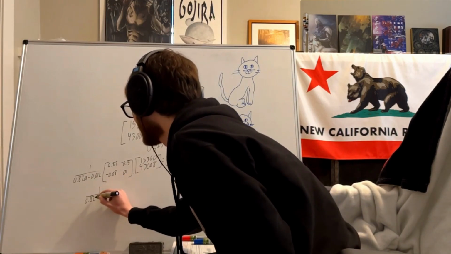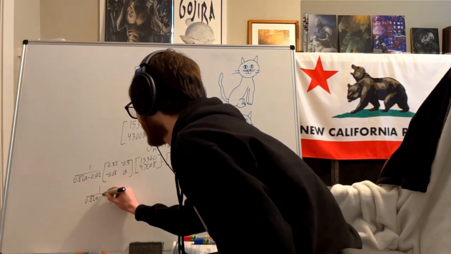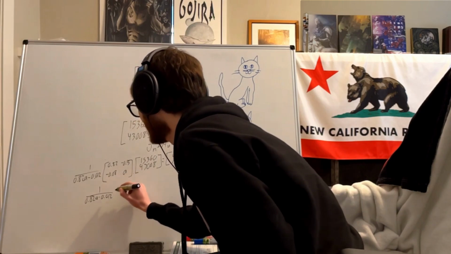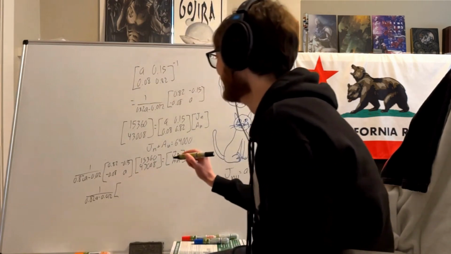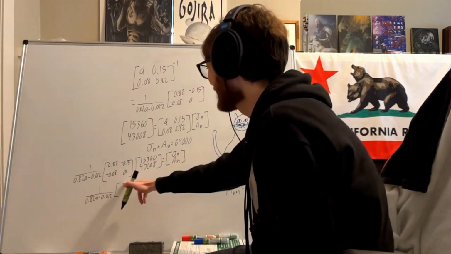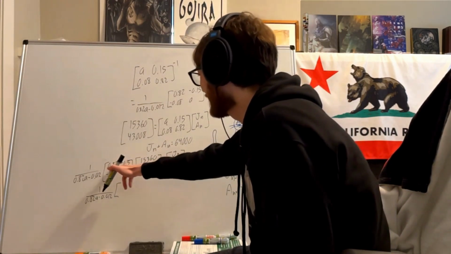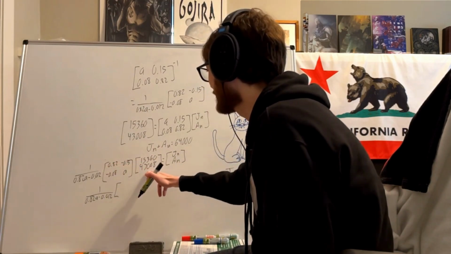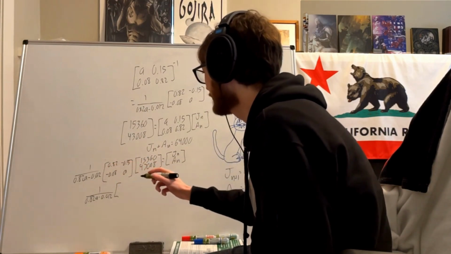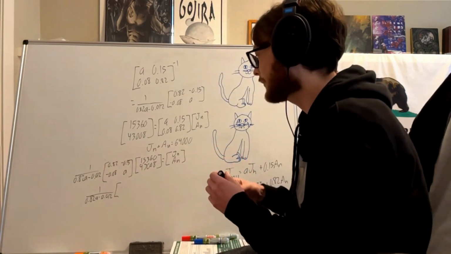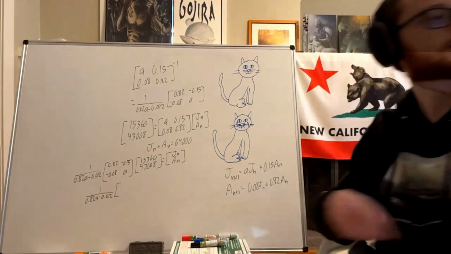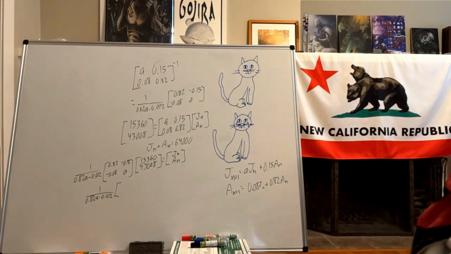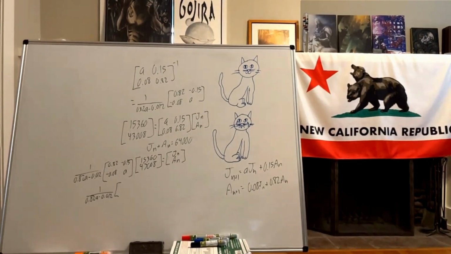I'm really glad that I just watched Penn Center's video on matrix multiplication because I'm so bad at it. Here, the top element is going to be 15,360 times 0.82 plus 43,008 times minus 0.15, which seems like work for a calculator. AKA Wolfram Alpha.